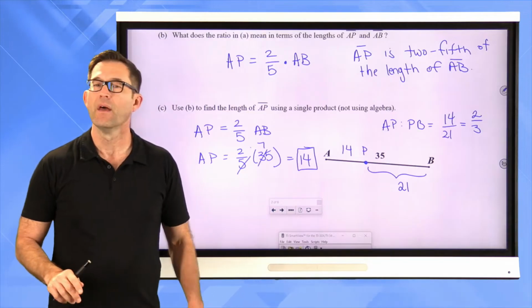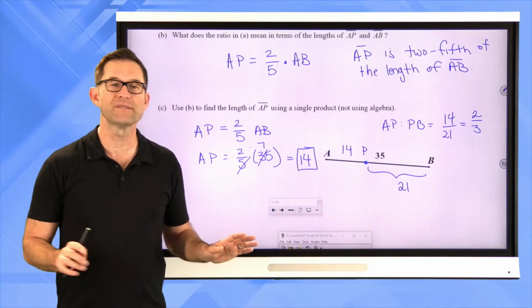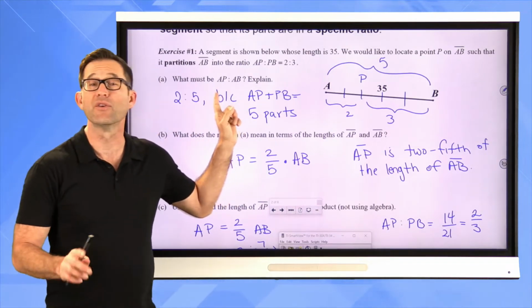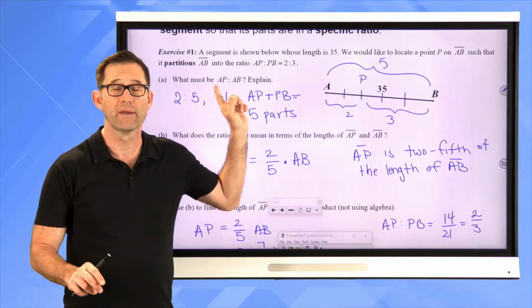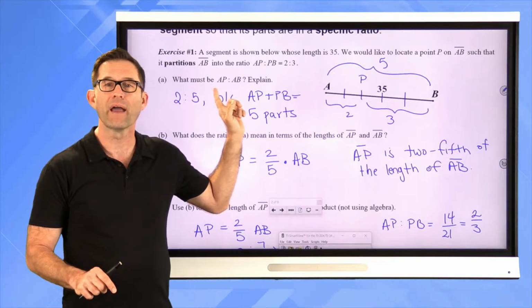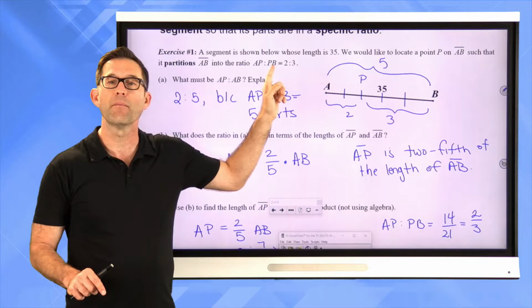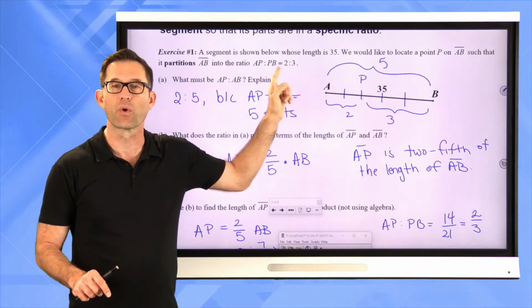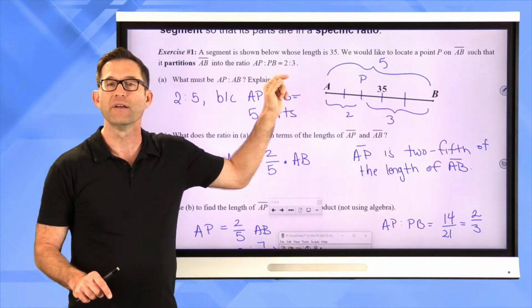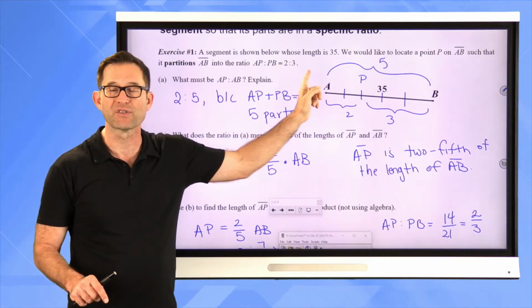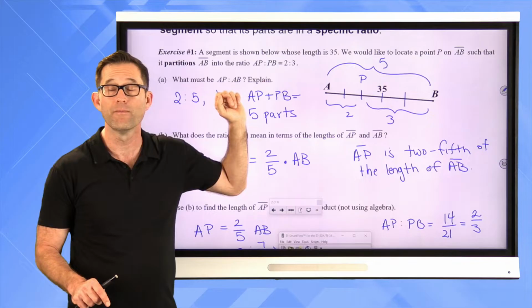All right? Now again, the really important piece here is if I have a segment that's broken into just two parts, right, and I know their ratio, 2 to 3, then I can figure out how much either one of these is worth in terms of the whole by just saying, well, okay, AP must be 2 divided by 2 plus 3, or 2/5 of the whole.